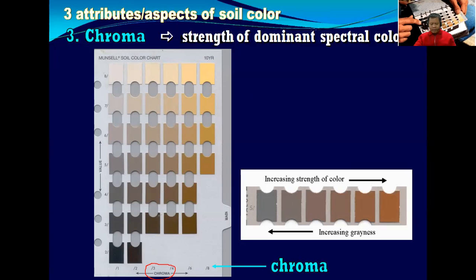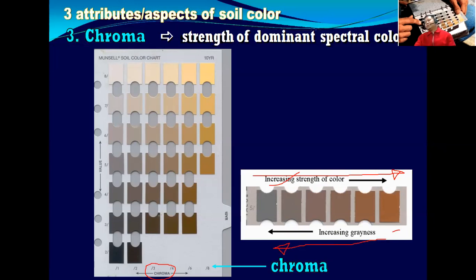Okay, we have 1, 2, 3, up to 8 in this particular example. Okay, this is when we say chroma, for example, in this particular example, it's increasing strength of color. So going to the right is increasing strength of color, and going to the left is increasing strength of grayness.